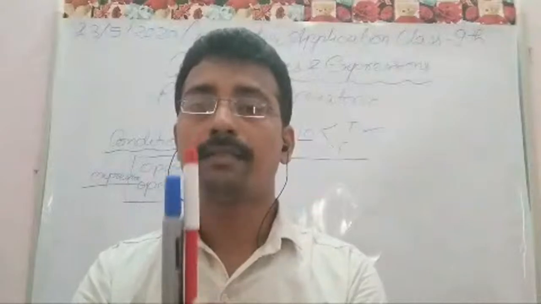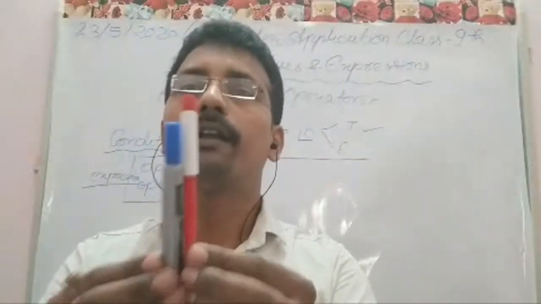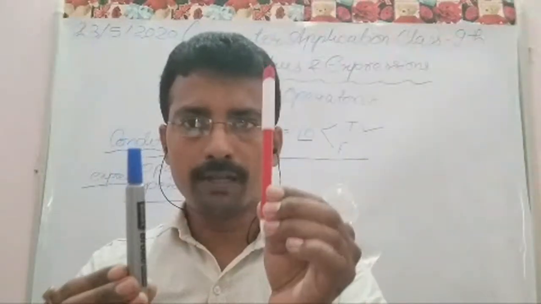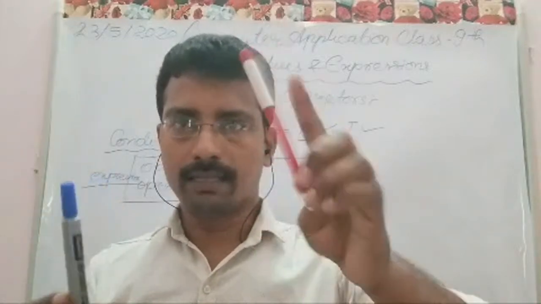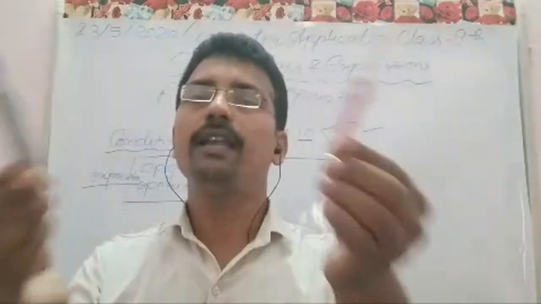No. Your choice, out of two choices, true or false, you will select false. If I say X is smaller than Y, meaning this is smaller than this, is it smaller? No, again false.